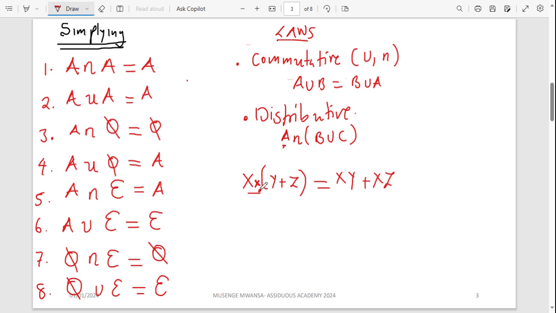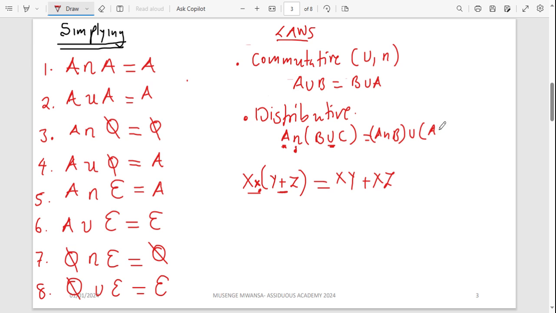Now the times here is being represented by intersection. So you are going to get the A, you are going to intersect with the B inside. You close. Okay, and then what you did is you got a sign in the middle. So again, get the sign in the middle, which is the union, and then again get the A, with the intersection.